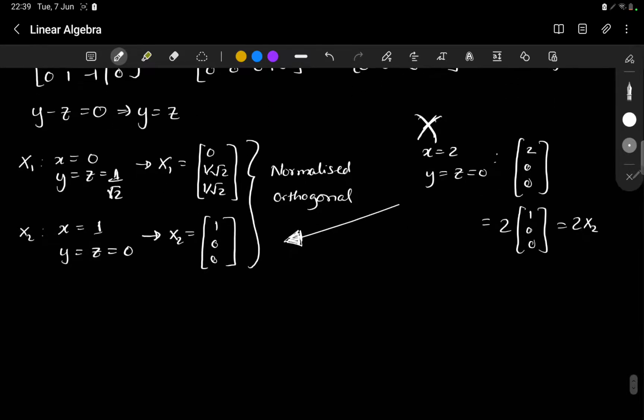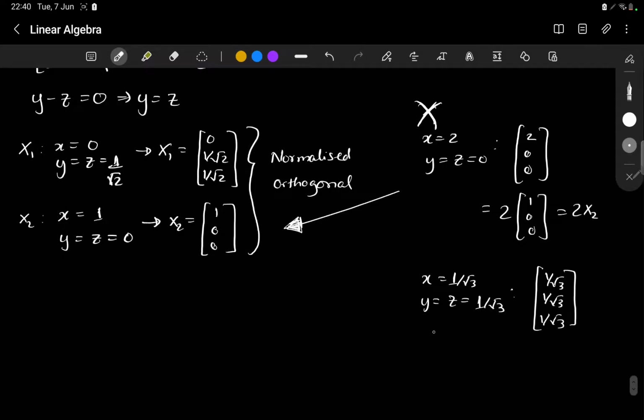Or else, for example, we could have taken x equal to 1, y equal to z also equal to 1, and for normalization, let us say we'll take 1 over square root 3. So this gives the eigenvector like so. So this is a valid eigenvector. This is not a scalar multiple of an existing eigenvector, but this is not orthogonal.